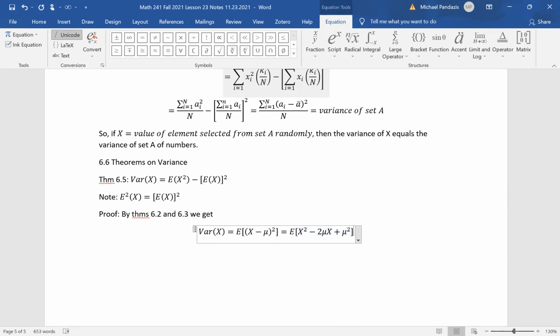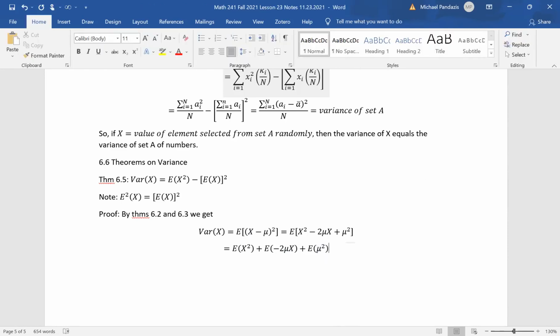So squaring X minus mu, we get X squared minus 2 mu X plus mu squared. And so this is equal to E of X squared plus E of negative 2 mu X plus E of mu squared.